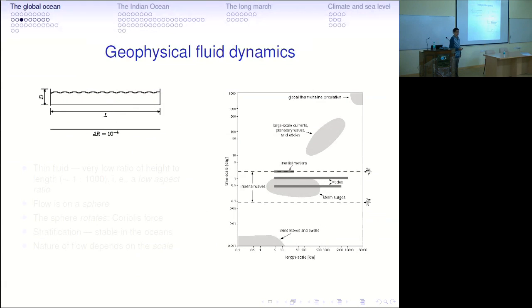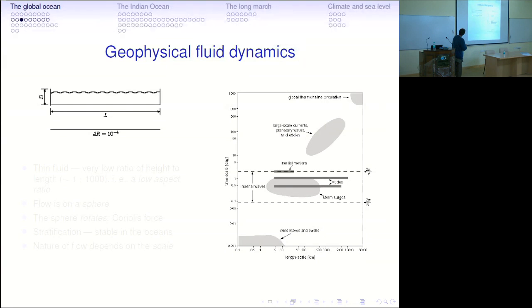What is geophysical fluid dynamics? When you take a piston, or you take an airplane, or you take any flow that you're going to encounter in engineering systems, you never get anything that is like this tank. If you have depth and length as the two parameters of interest of this tank, then what you see here is an actual measure of the world oceans.